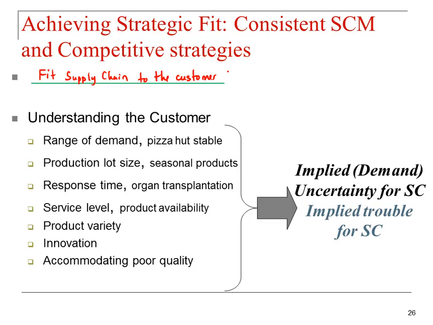Service level, product availability. There are certain types of customers that like to go to a specific store because they always have the goods that they need available. That's also important. Product variety, innovation, and accommodating poor quality.